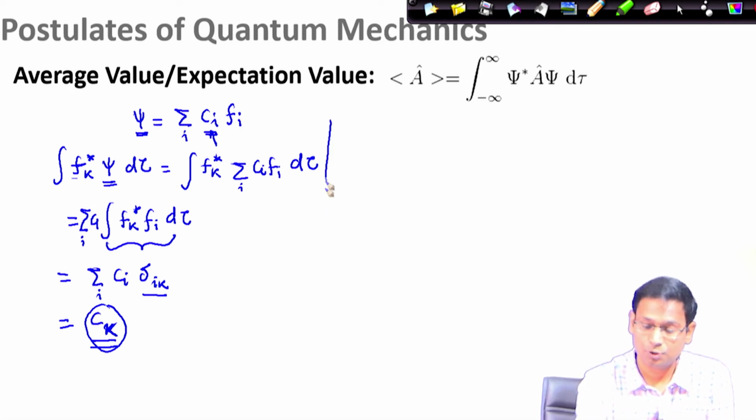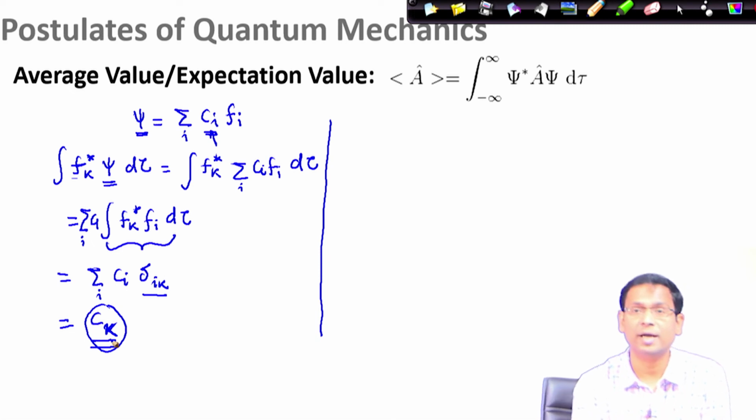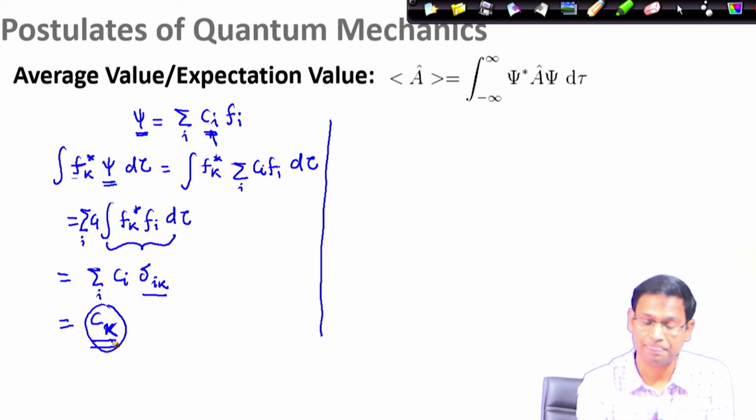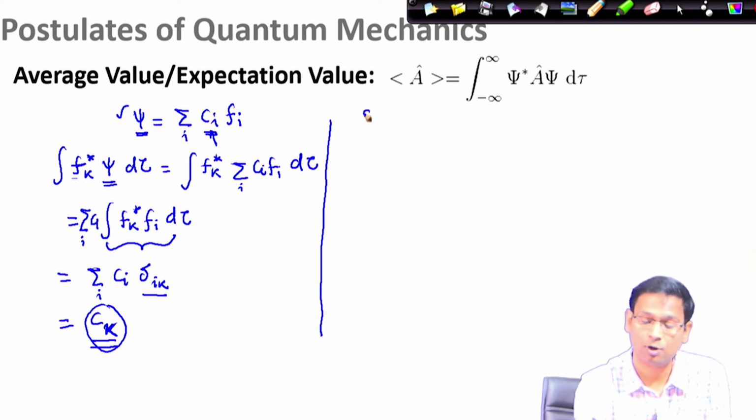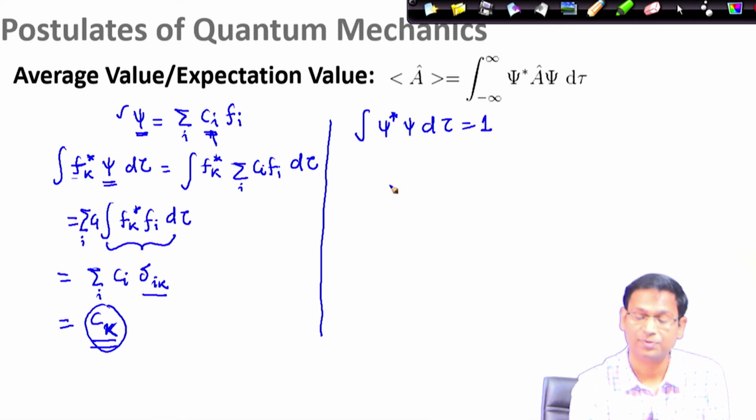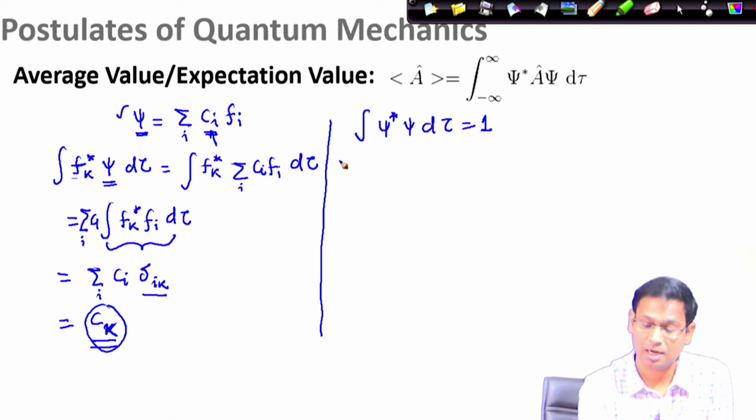We would do one more thing to get some more idea about this coefficient Ck. We know that this psi, the state function, is a well behaved function. So, therefore, I can always normalize. Suppose psi is a normalized state function, then I can write this expression because psi is normalized. Now, what I would do is that I would expand this psi as a linear combination.